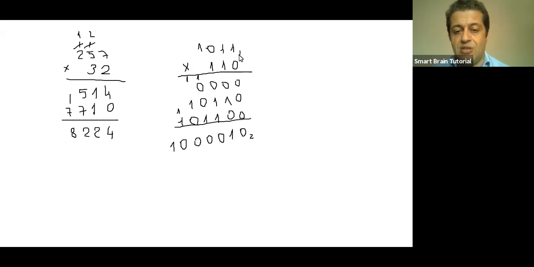Let's check it by making the same multiplication but with decimal numbers, to convince ourselves that we did the right thing. Now this number corresponds to 1 plus 2, so we start from right to left. 1, 2, 0 fours and 1 8.